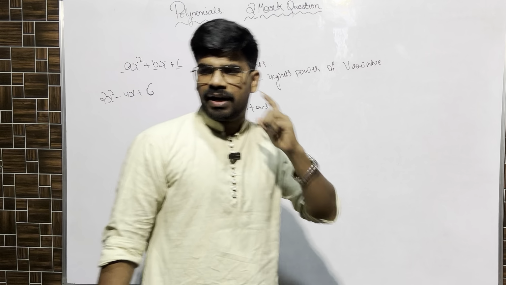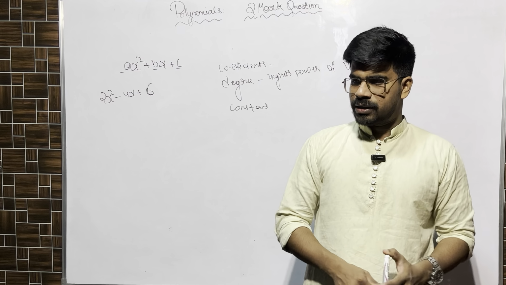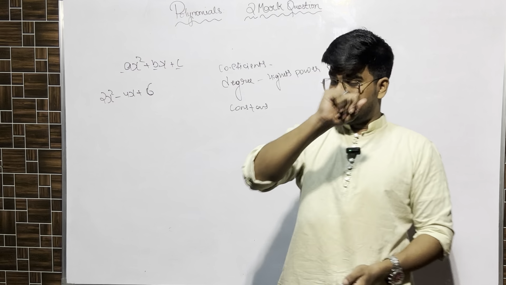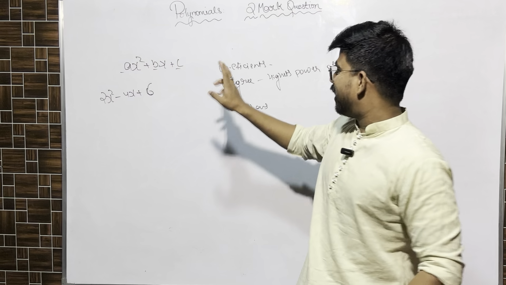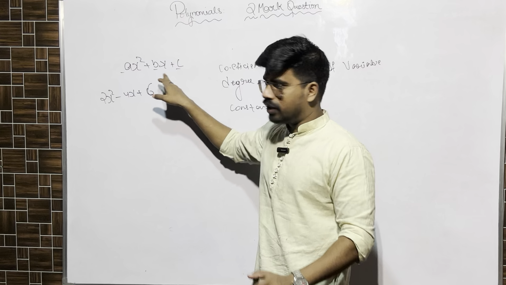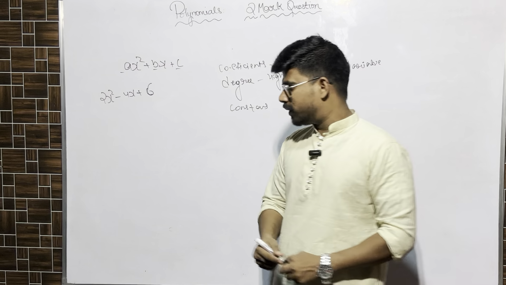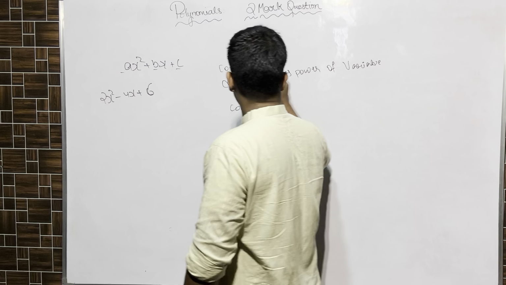For example, if it is quadratic, we'll have 3 coefficients; if it is cubic, we'll have 4; for power 5, 6 coefficients. It depends on the variable x, and here only x is there. How many terms? 1, 2, 3. So 3 terms, 3 coefficients: a, b, c we have to find.